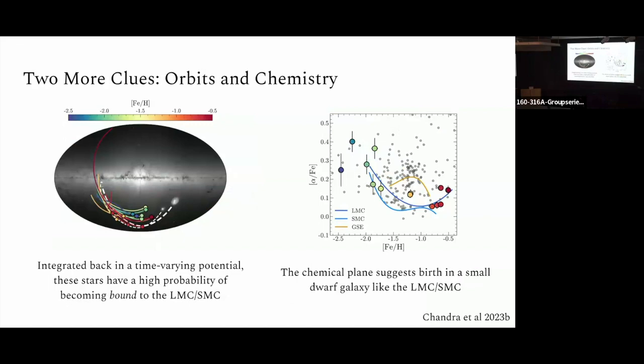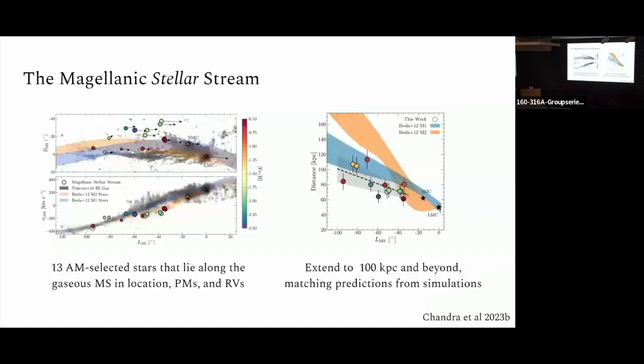And so if you're running a simulation of the interaction between the clouds, not only do you have to produce stars that produce a stream like this, but you also have this added constraint that perhaps you need stars coming not only from the LMC, but also from the SMC. And so I'm just trying to say here that the abundances of these stars can actually tell you not only where the stars should be, but also from where the stars came from in the clouds themselves. And so I think there's a lot more work to be done here in terms of finding more stars.